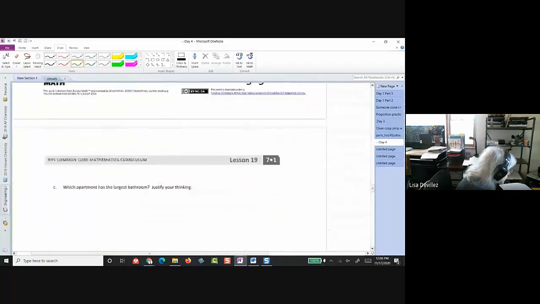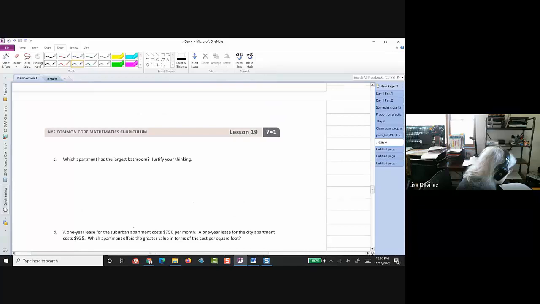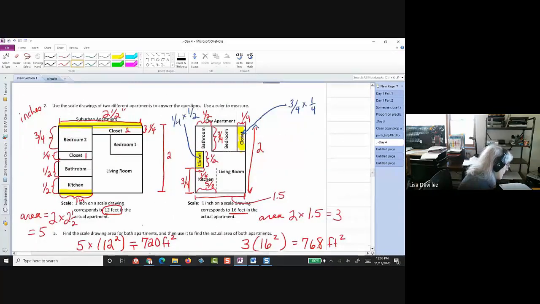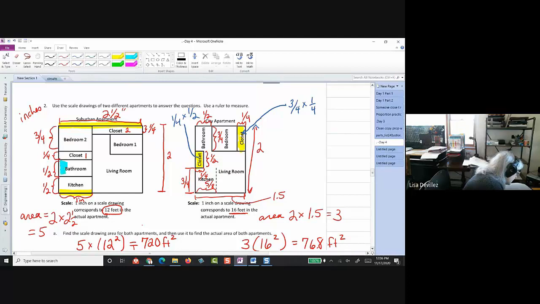All right, so the next thing, it wants us to compare the bathrooms. It wants to know which one has the largest bathroom. So we're looking at this one versus this one. No, that's a bedroom. Hang on, I did that wrong.